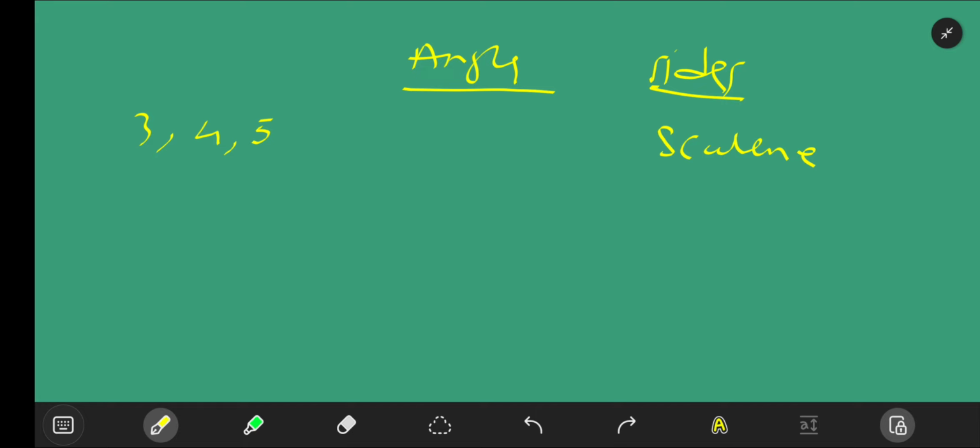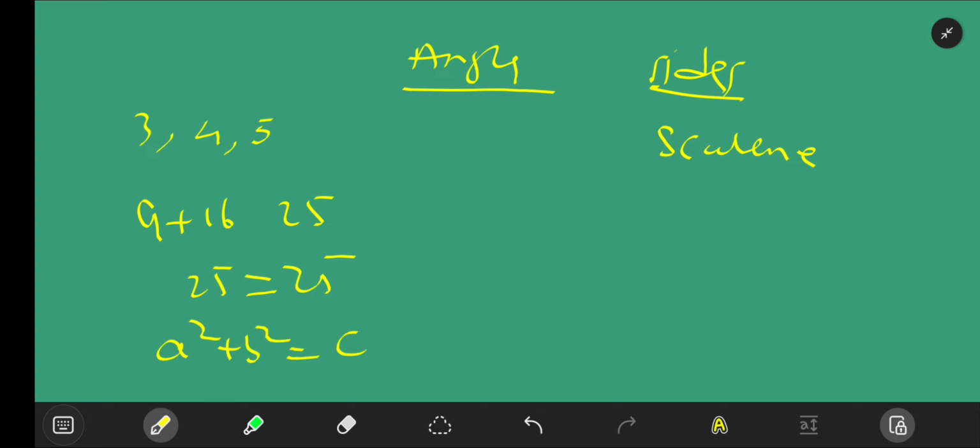Now, according to angles, 3 square is 9, 4 square is 16, 5 square is 25. 16 plus 9 is 25. 25 is equal to 25. So A square plus B square is equal to C square.